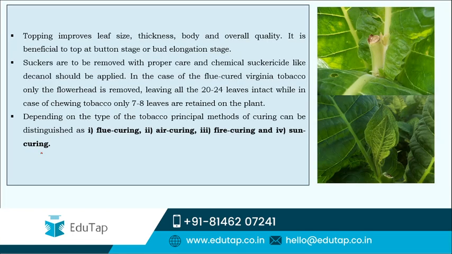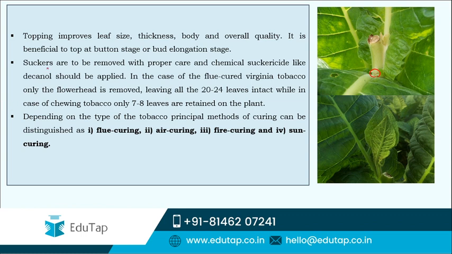And topping is done so that the quality of the leaf, especially in tobacco, is improved. After topping there might be a chance that the axillary buds become active and give suckers.